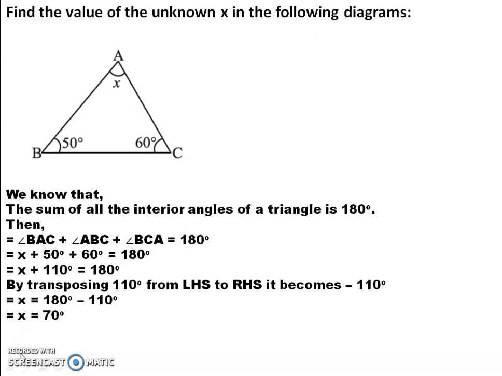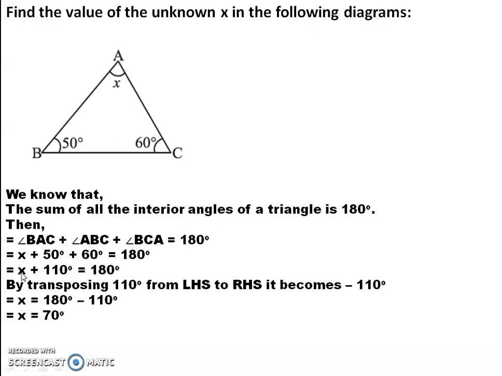Now we are going to substitute the values of BAC, that is x, ABC, that is 50 degrees, BCA, that is 60 degrees. So x plus 50 degrees plus 60 degrees equals 180 degrees. 50 plus 60 is 110.